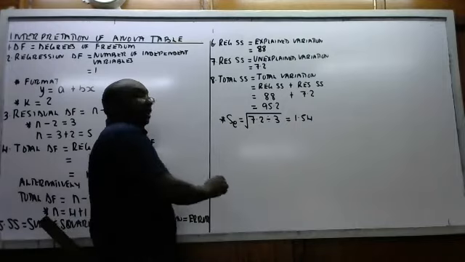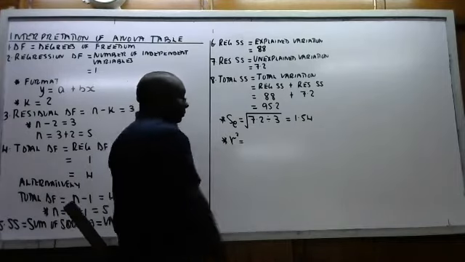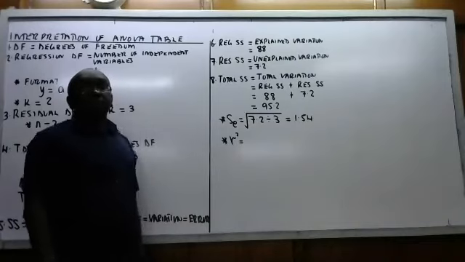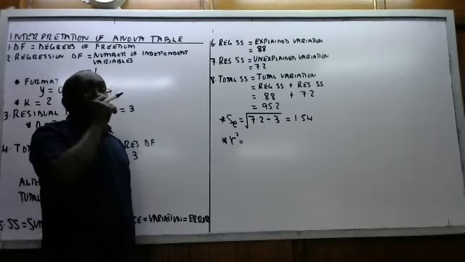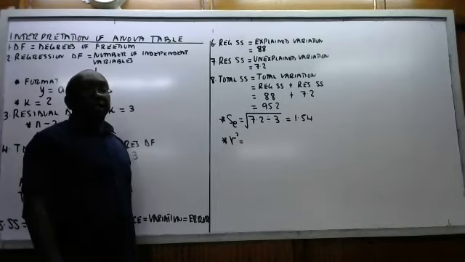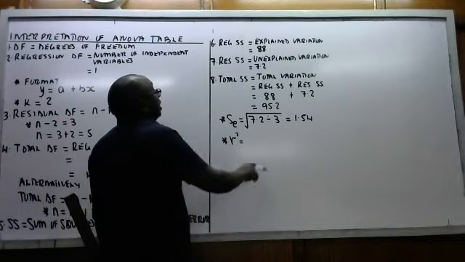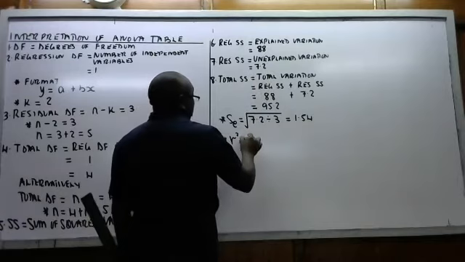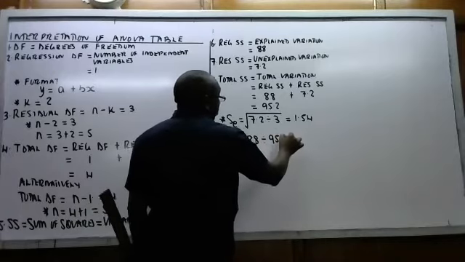The next thing, I want you to go to your notes and tell me what is the formula of R squared, the coefficient of determination. It is the explained variation over the total variation. The explained variation, we already know it is 88, and the total variation is 95.2.